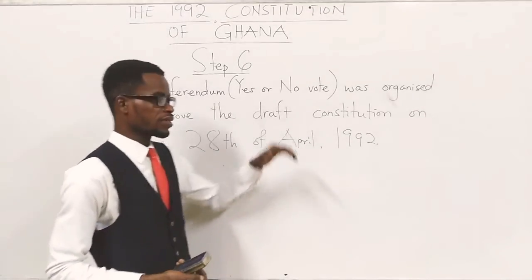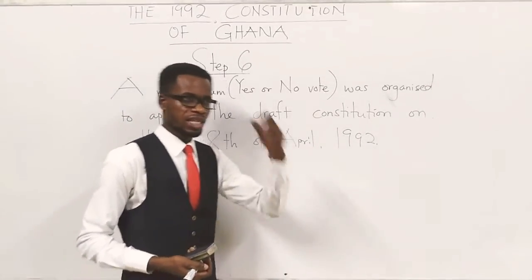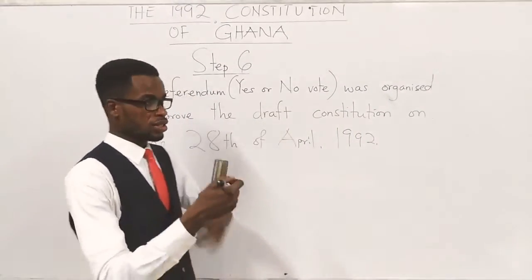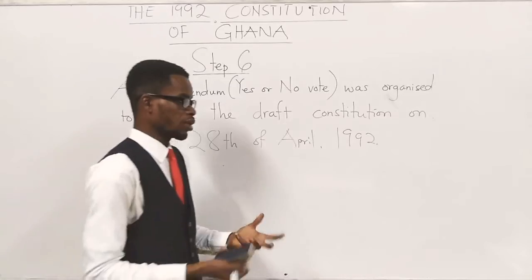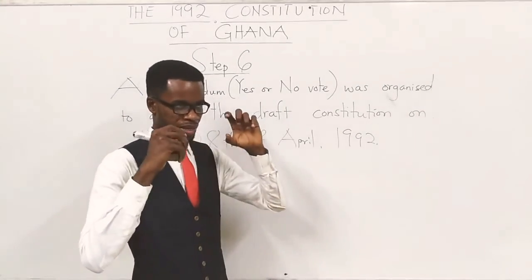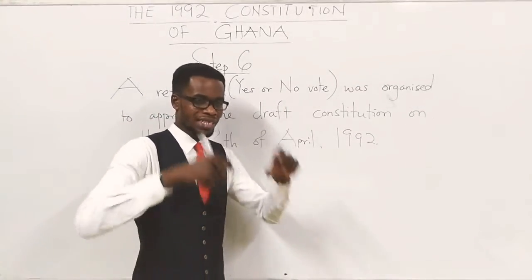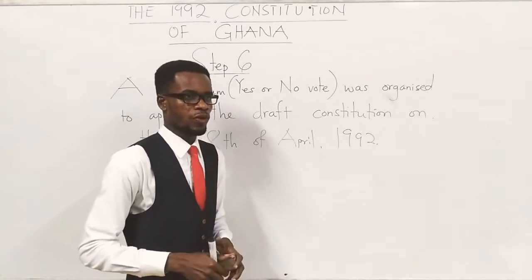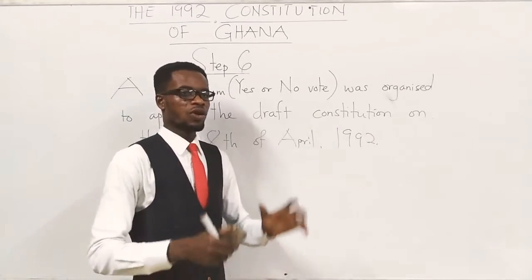So on the 28th of April every year we celebrated that. But we have a change now. We are rather marking the day the constitution officially started working, when it came into force, on the 7th of January.